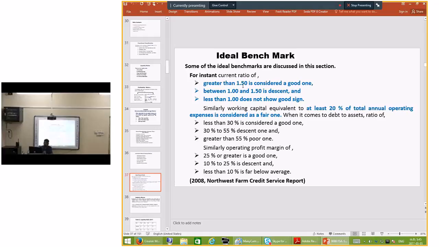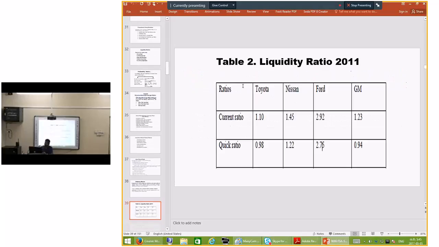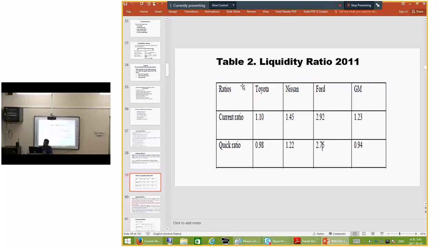For example, if the quick ratio is less than 1, that means we don't have enough short term assets for meeting short term liabilities, right? That is the indicator. Likewise, we can get this type of details to explain. Here I am not going to discuss in detail. Then industry norm: how to compare the company's ratios and other details with the industry.